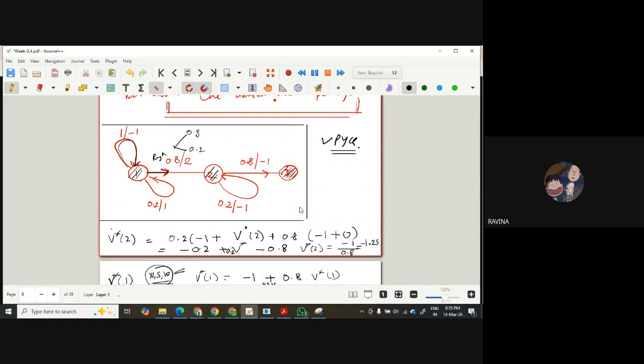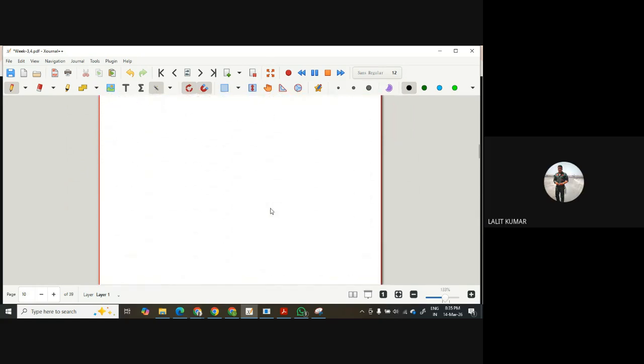If there are four loops and one in the right direction, that is a total of five paths. So we have to consider all the possible cases, and then find which is giving us the maximum value, and pick that. Yes, yes. Okay, sir.